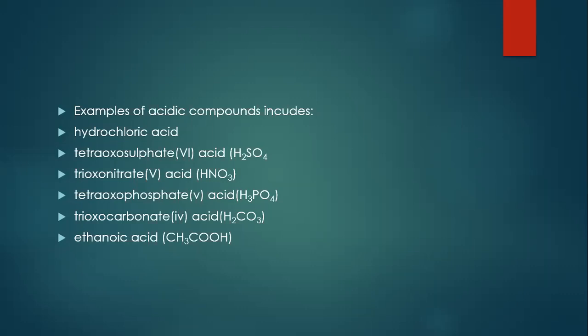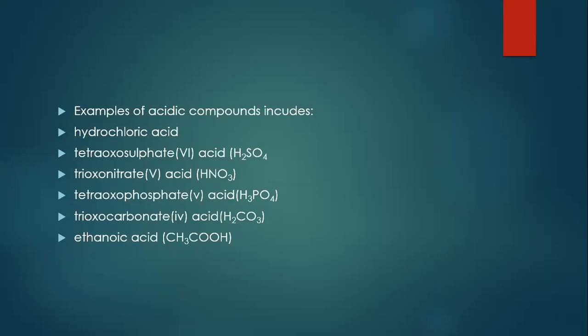They are all types of acids. Now, in a further discussion, we'll look at which type of acid we can classify them under. But I need you to understand these are acidic compounds that are found.